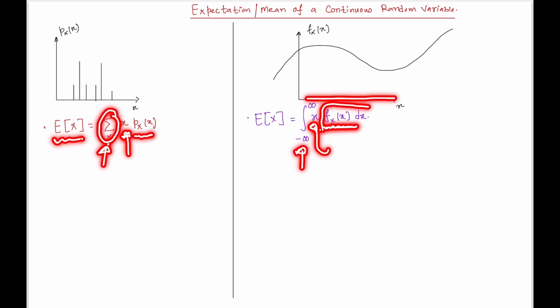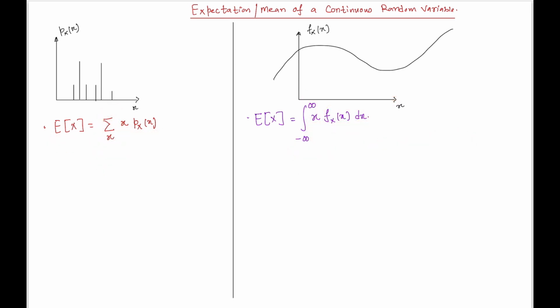So what is this? If you see this f(x) dx, dx has a very little length, and f(x) represents the PDF, that means this height, right? And we are integrating over all the possible values of x, right?